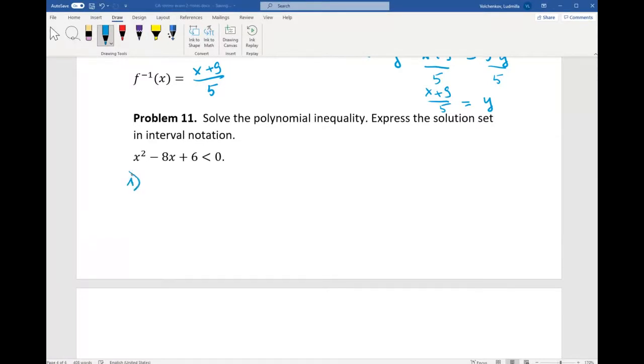Okay, first thing, we must find boundary points. The points where the expression, this function on the left, you can call it f of x, change its sign. So to find these boundary points, we solve the equation x squared minus 8x plus 6 equal to 0. And here we maybe don't need a quadratic formula.